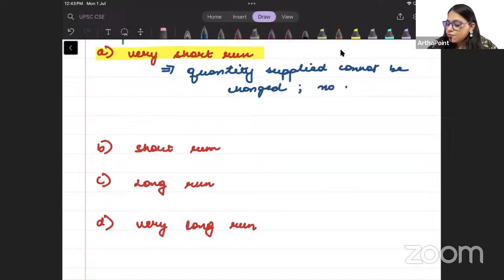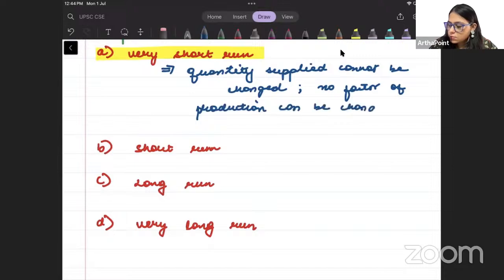Because no factor of production can be changed. Whether I am talking about labor, capital, inventory, किसी चीज की भी बात कर लो, I cannot change any factor of production.